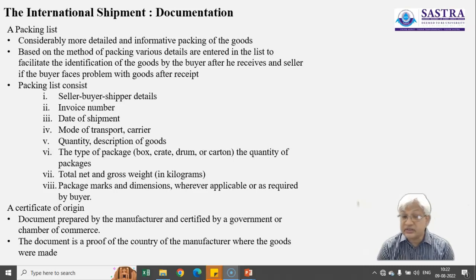Well, landlocked countries use train. When I say landlocked countries, the country is surrounded by other countries. Okay, such a country we call a landlocked country. Quantity, description of the goods, type of package, whether it's a box, crate, drum or a carton. The net weight and the gross weight are very important.